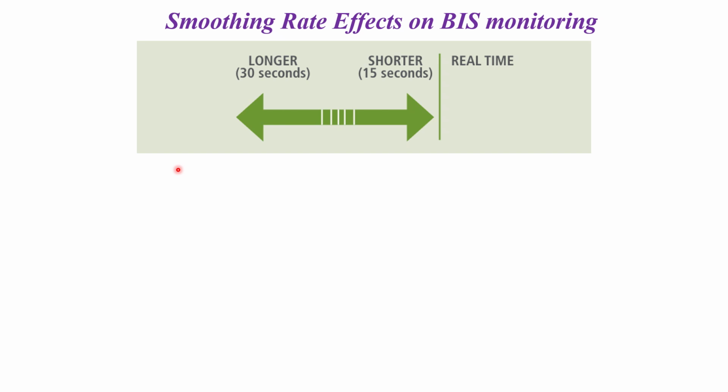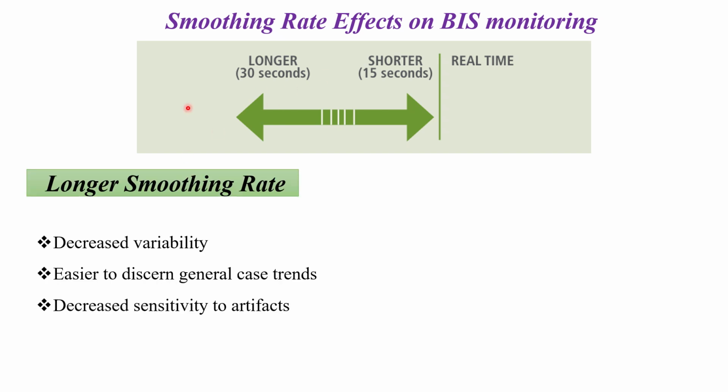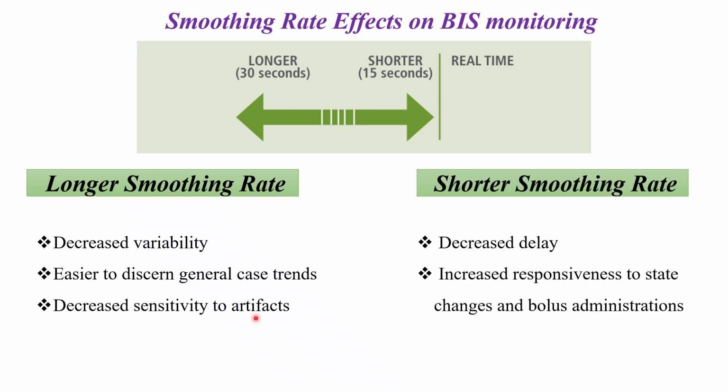A longer smoothing rate decreases variability, makes it easier to discern general trends, and decreases sensitivity to artifacts. That means reduced influence of brief disturbances such as muscle movement or electrical interference, minimizing false alarms or erratic readings. Another is a shorter smoothing rate.